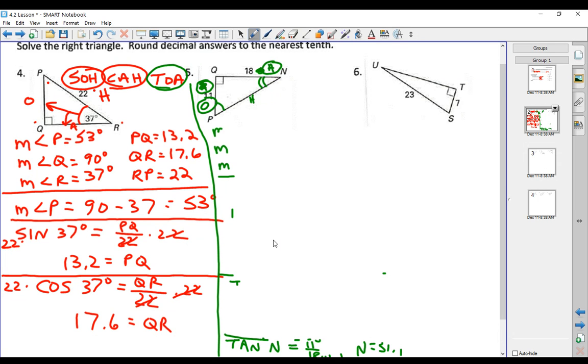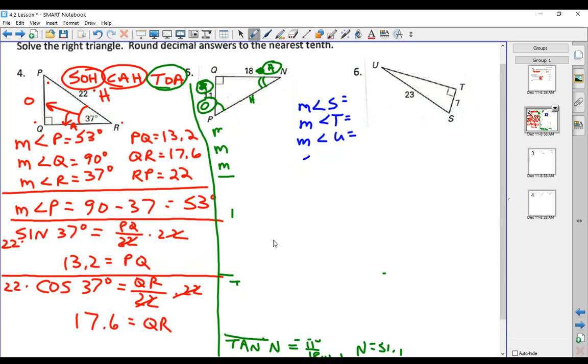All right, on problem number 6, we have the measure of angle S, the measure of angle T, and the measure of angle U. Whoops, it's a side, not an angle.